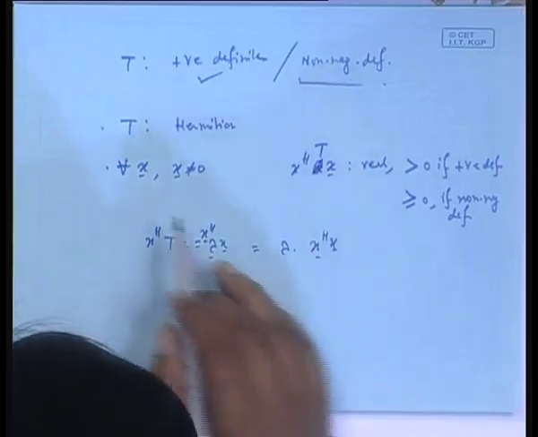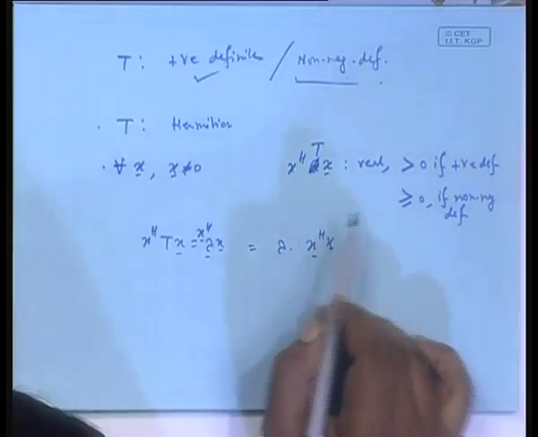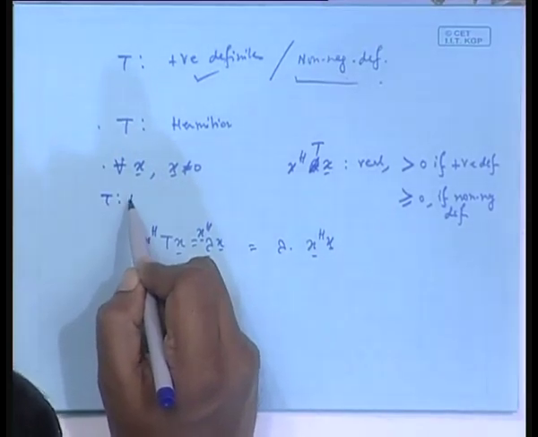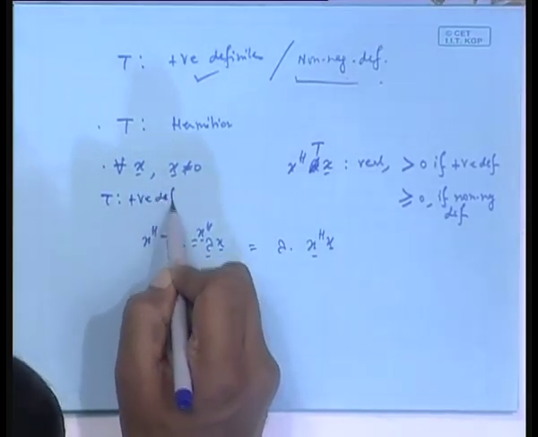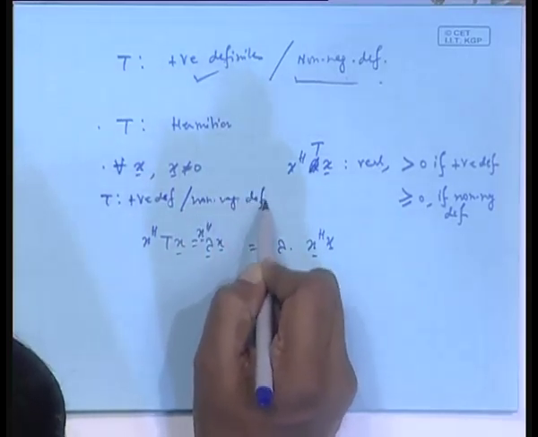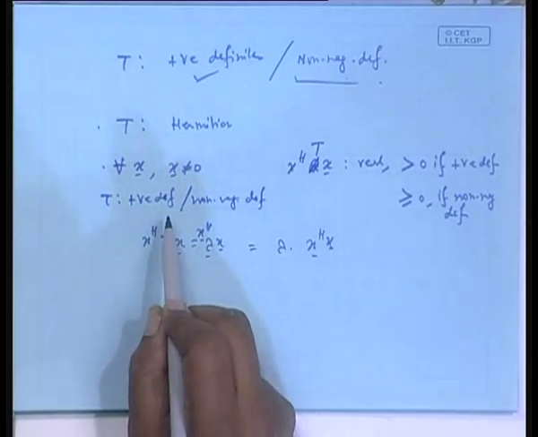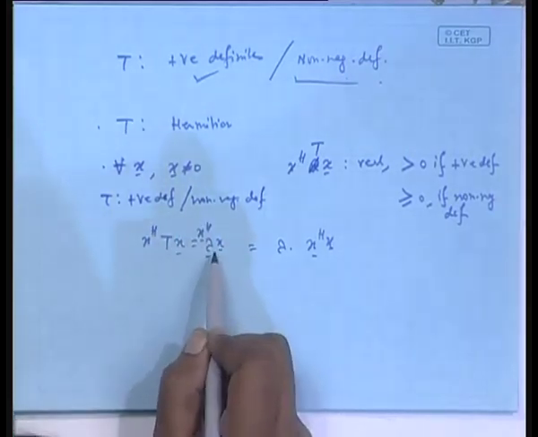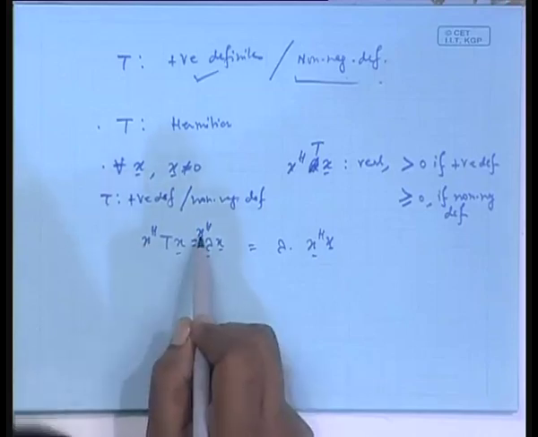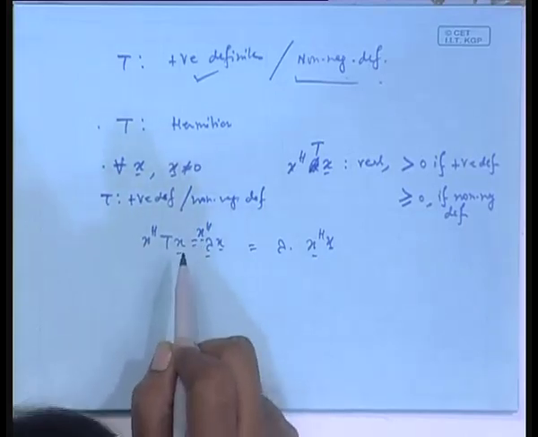But suppose T is given to be positive definite or non-negative definite. Since it is Hermitian, I took Tx equal to lambda x, lambda real, then multiplied by x Hermitian on both sides, where x is a non-zero eigenvector.